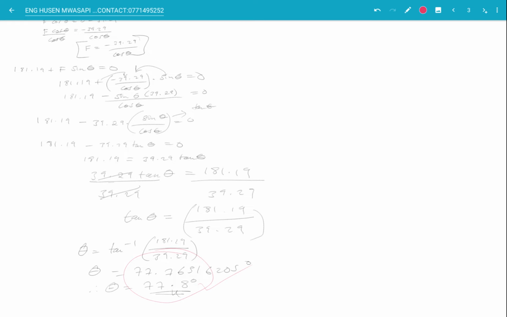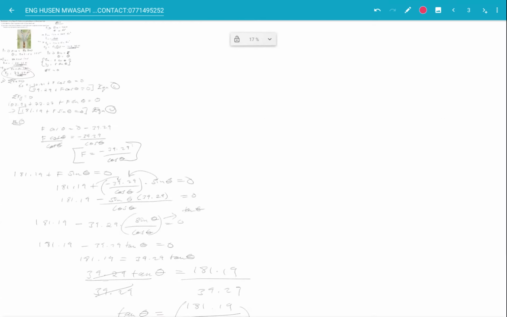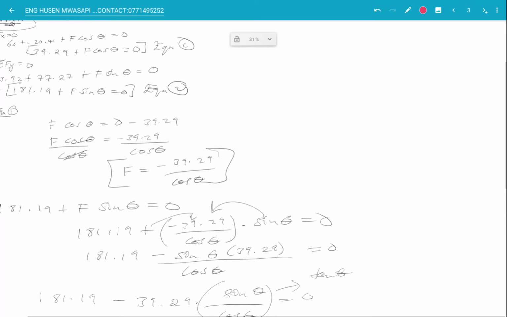So remember this answer, don't forget it. Let's go back to the part where you made F the subject of the formula. We pick it up from there. F is equal to negative 39.29 over cos theta. Theta is found to be 77.8, and you write the entire value, not the rounded-off one.